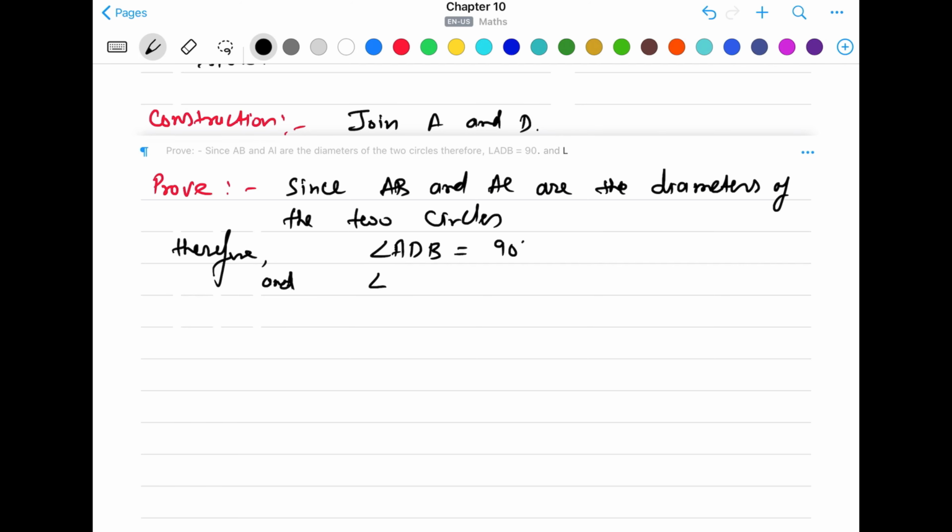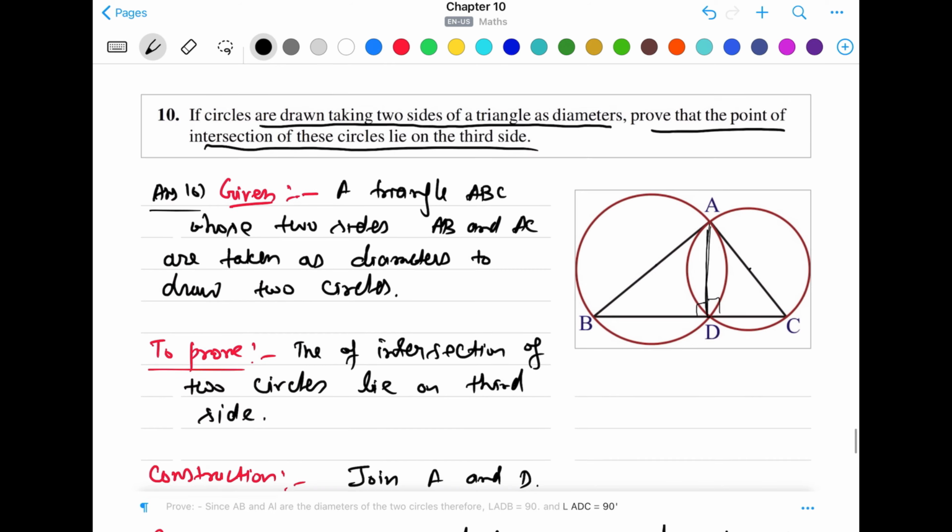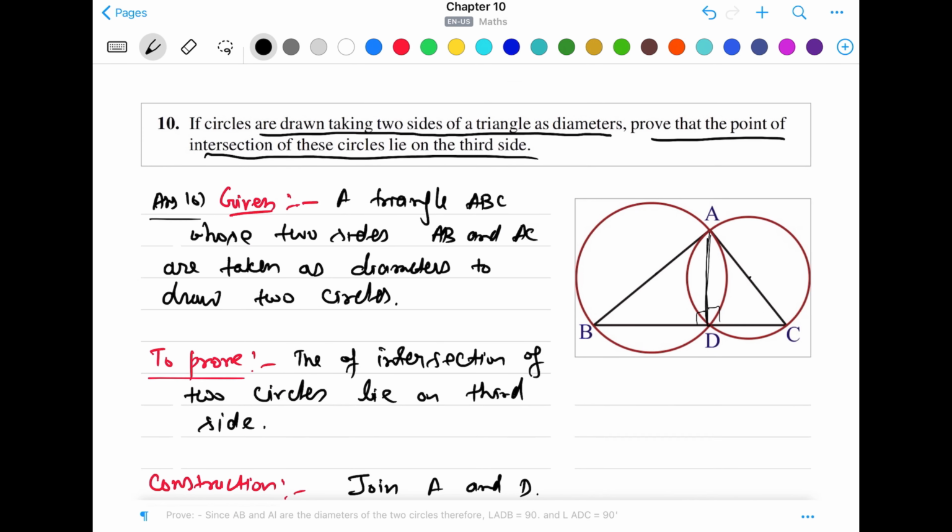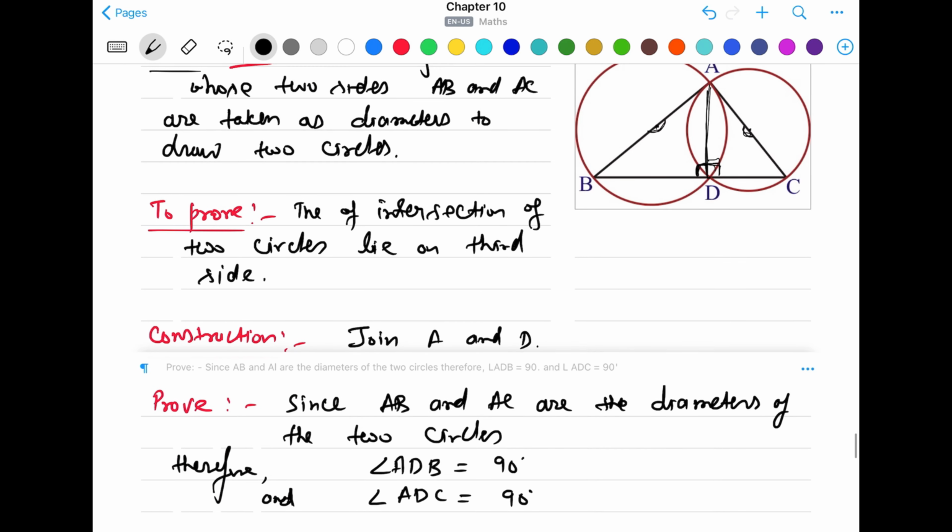Also angle ADC will be 90 degrees. This is because the angle at the center is 180 degrees, so its angle on the remaining part of the circle will be 90 degrees. Similarly, the angle here is 180 degrees and this will be 90 degrees.